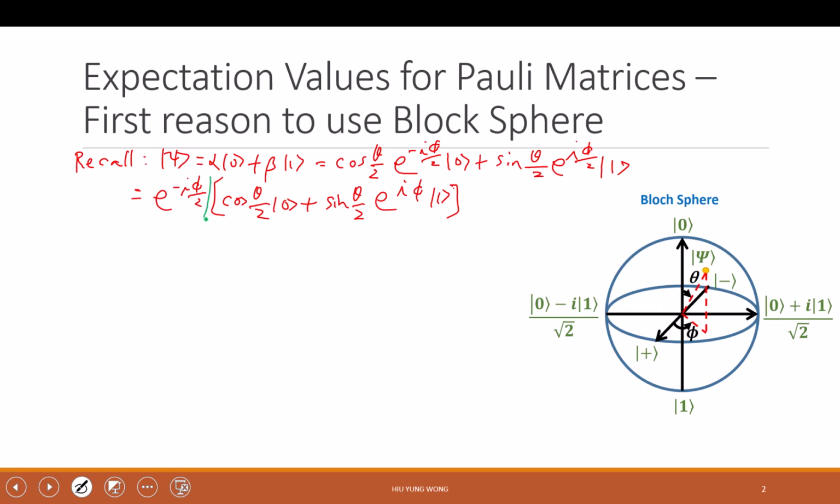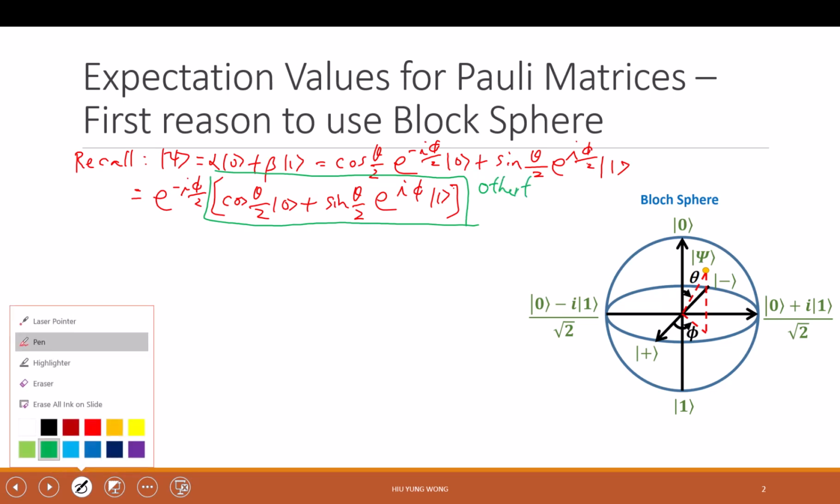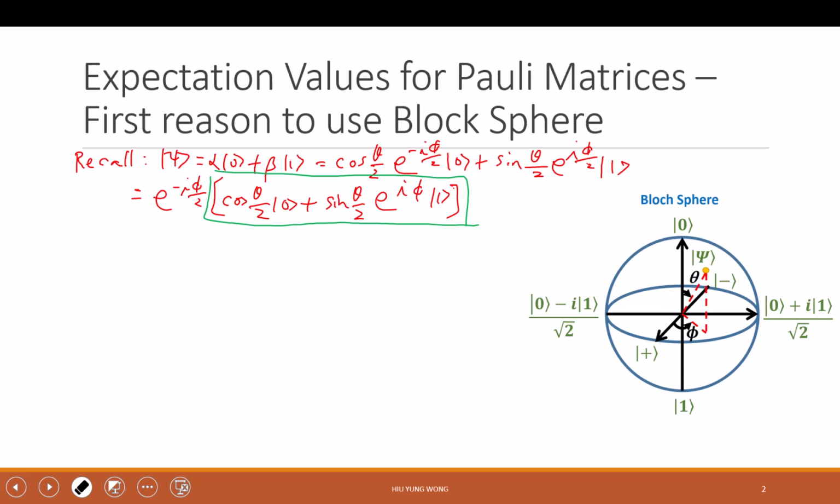In some textbooks or literature, they only represent a general state as cosine theta divided by 2, 0, plus sine theta divided by 2, e to the power i phi, 1.